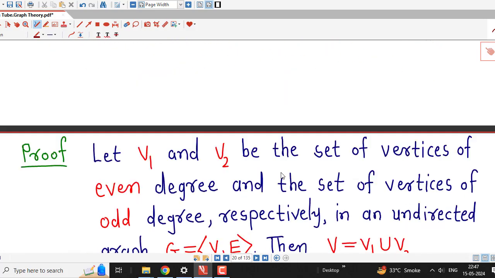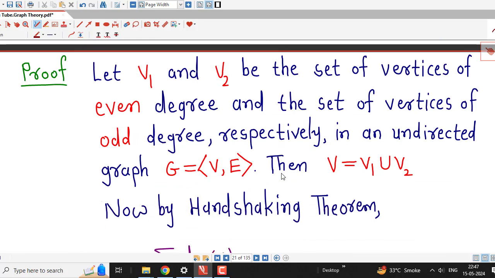I have written systematically here. First we have to write that let capital V1 be the set of vertices of even degree, and capital V2 denote the set of vertices of odd degree respectively in an undirected graph G equal to ordered pair V, E. Then capital V is V1 union V2.